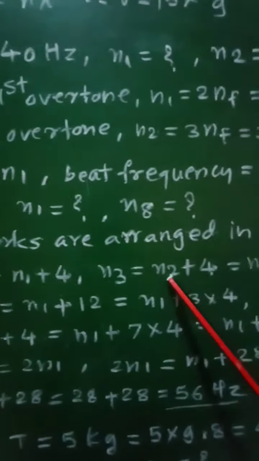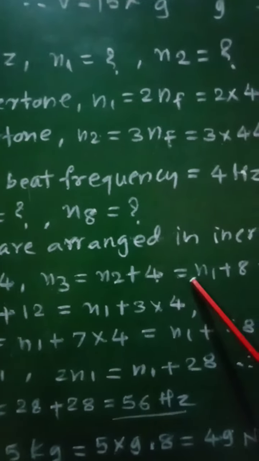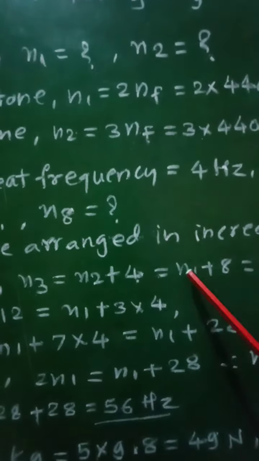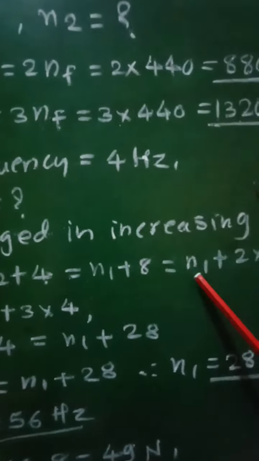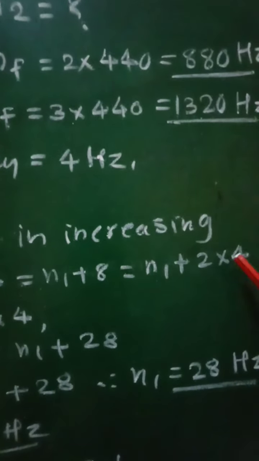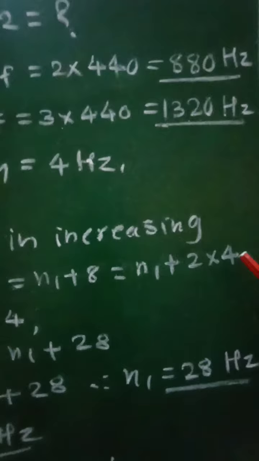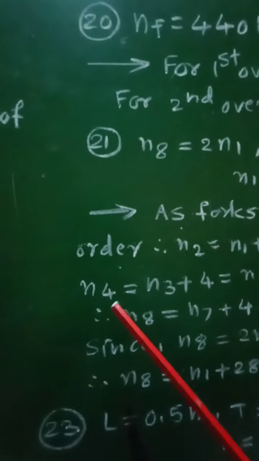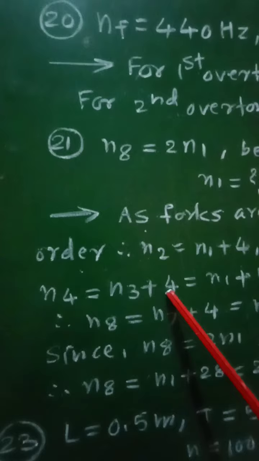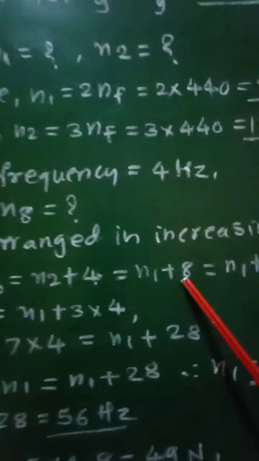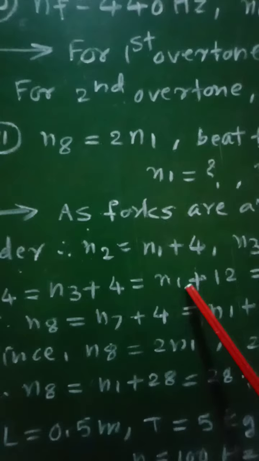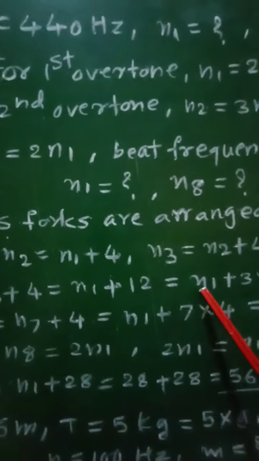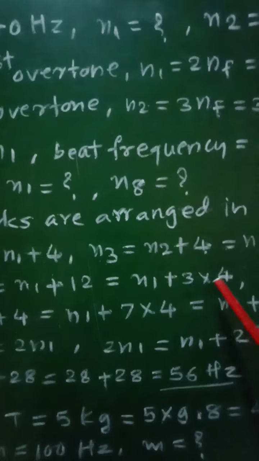Similarly, N3 will be equal to N2 plus 4, which is N1 plus 4 and again 4, so N1 plus 8, that is N1 plus 2 into 4. Similarly, N4 is N3 plus 4, but N3 is N1 plus 8, so N1 plus 8 plus 4 equals N1 plus 12, which is N1 plus 3 into 4.